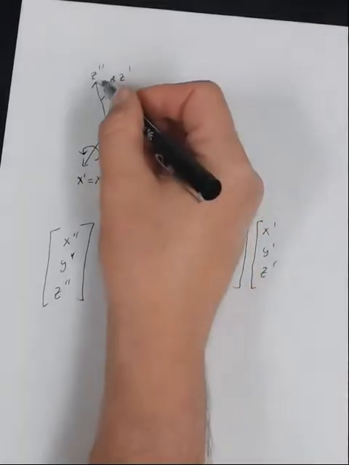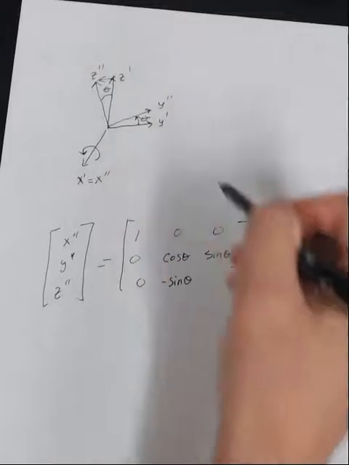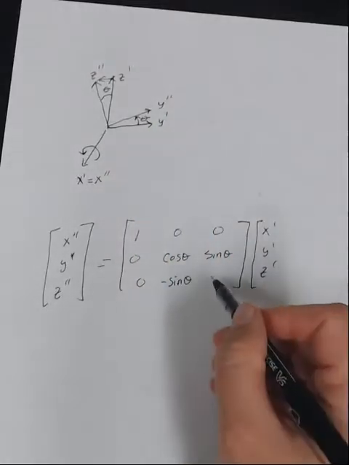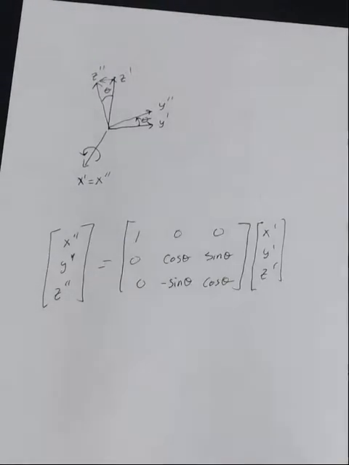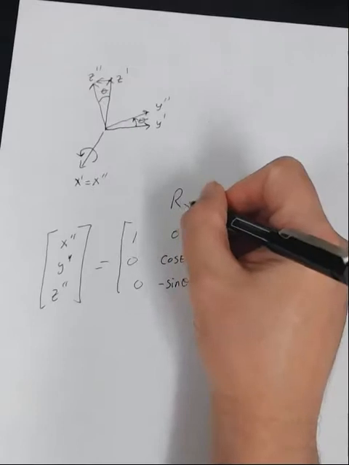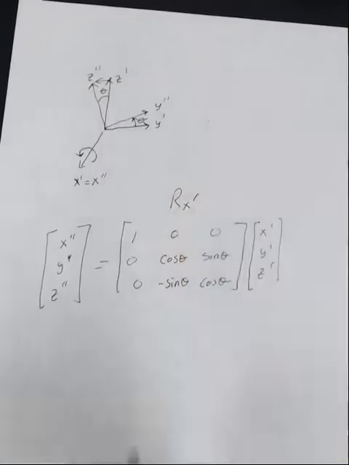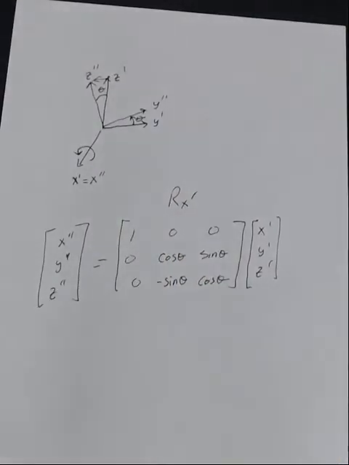You can see in the y direction it moves that way, so it's negative y prime, and then a cosine theta. So let's call this Rx prime, because we rotate it around the x prime axis.